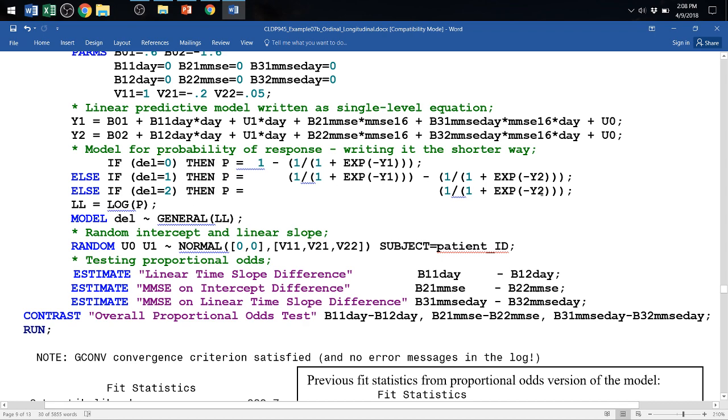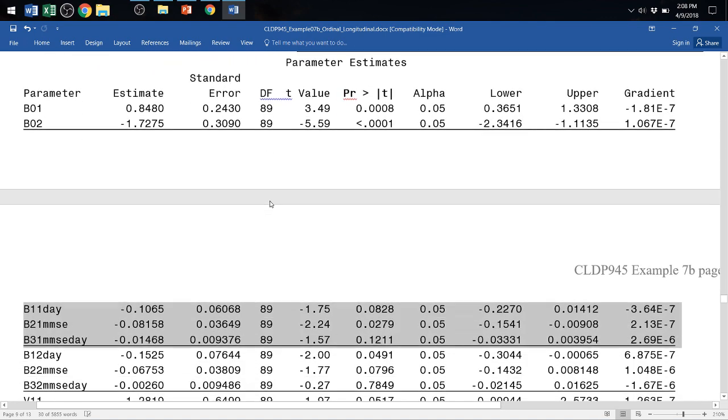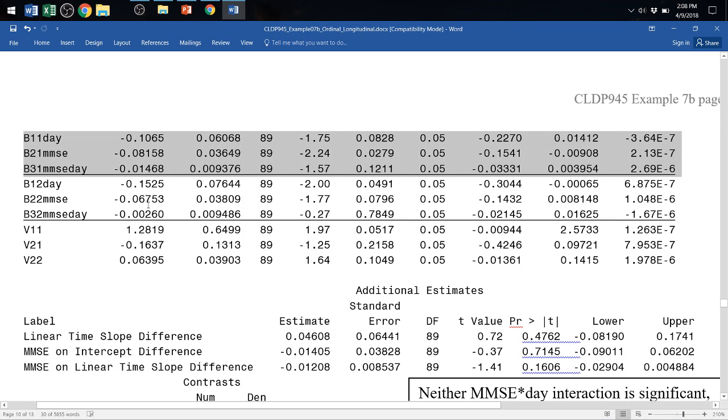The second submodel is predicting the logit of 2 instead of 0, 1. And it looks like there is a slightly bigger effect of day in the second submodel, a slightly bigger effect of MMSE in the first submodel, and maybe a little bit of difference in the interaction terms, but neither is significant.